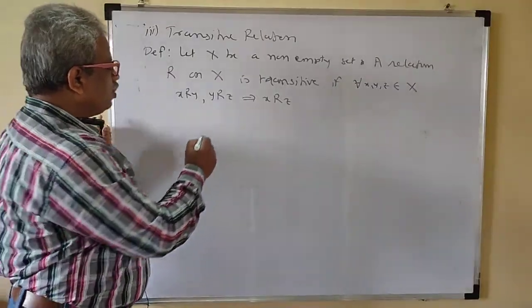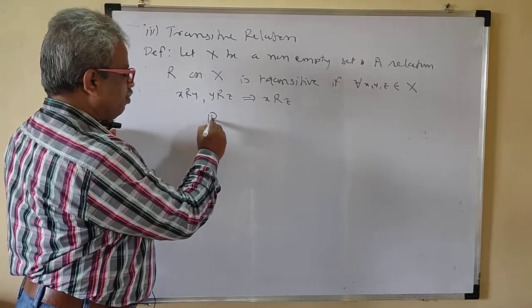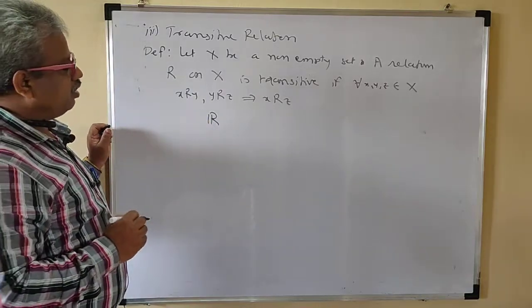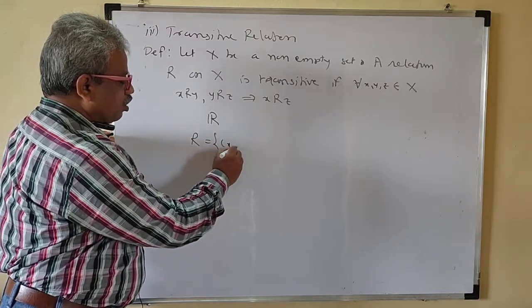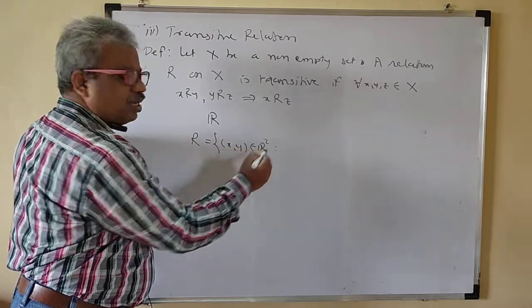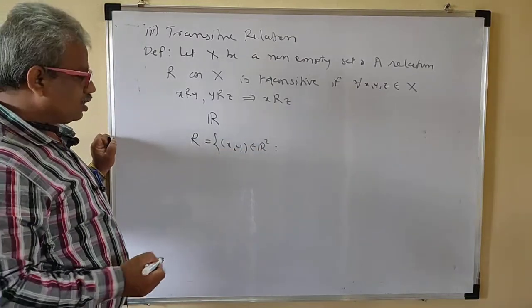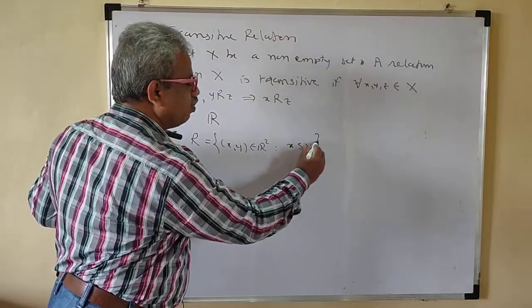Suppose I have taken the set R of real numbers. If I define the relation as the set of all (x, y) belonging to R cross R, because any subset of R cross R is nothing but a relation, I will write this as x is less than or equal to y.